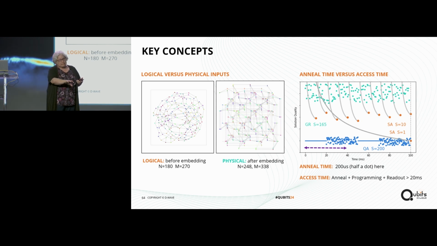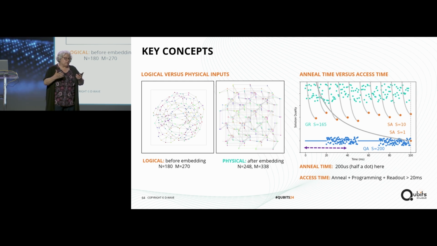What happens is, often, when you're starting out with a logical graph, you get some number of nodes, that's your problem size, and mapping it onto the physical graph increases the problem size. You have to map a node from the original graph into what we call a chain of qubits in the physical graph, and there could be more than one qubit per node, so it makes the problem harder because it's bigger, one presumes.